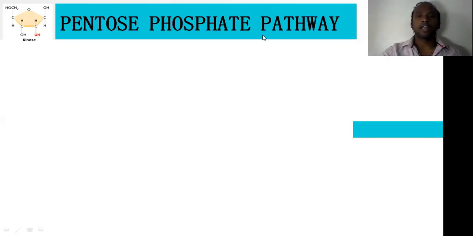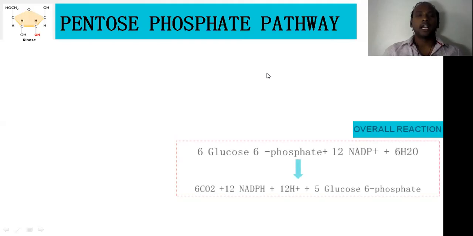Clear? If you see the overall reaction of the pentose phosphate pathway, 6 molecules of glucose 6-phosphate are involved, plus 12 NADP+, plus 6 water molecules.